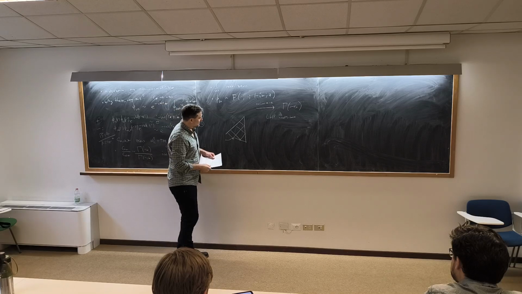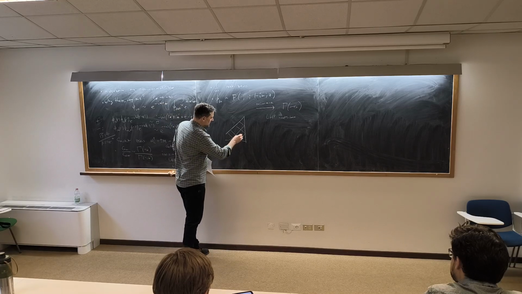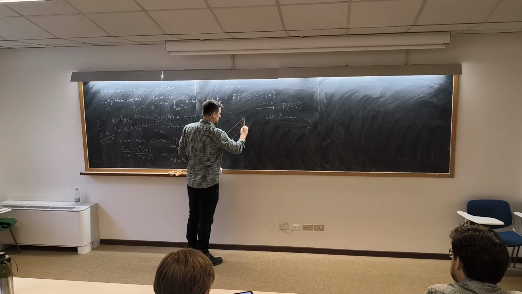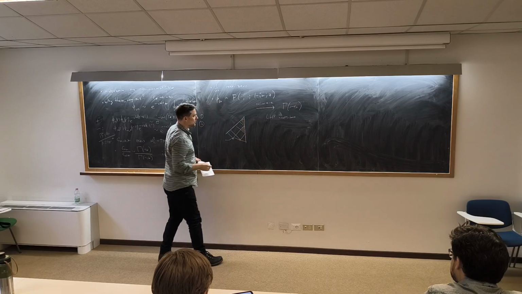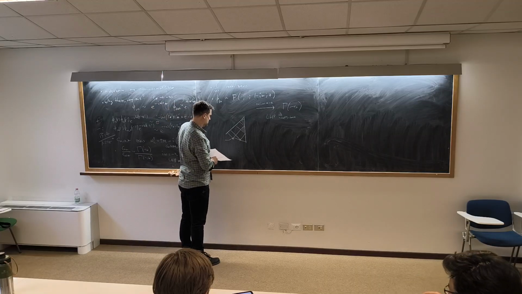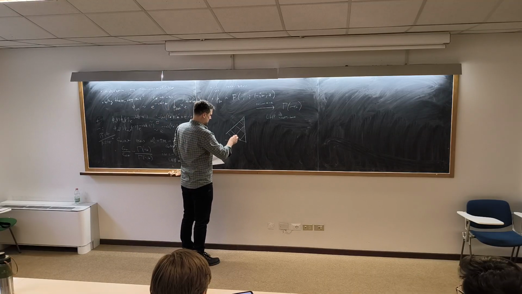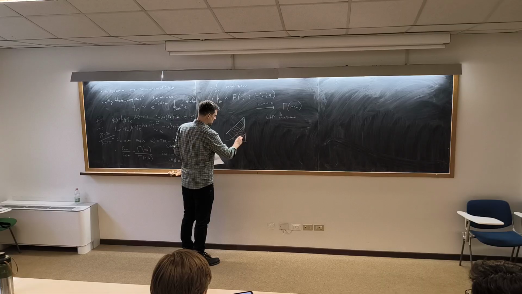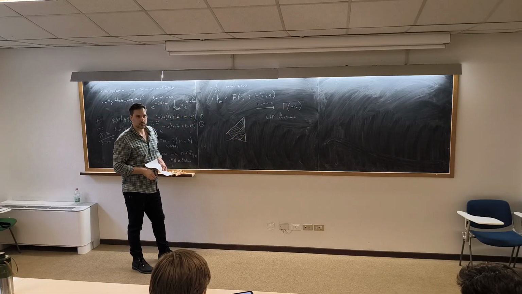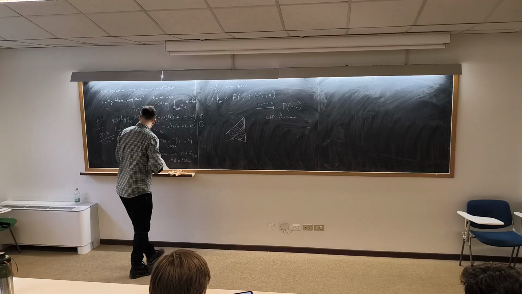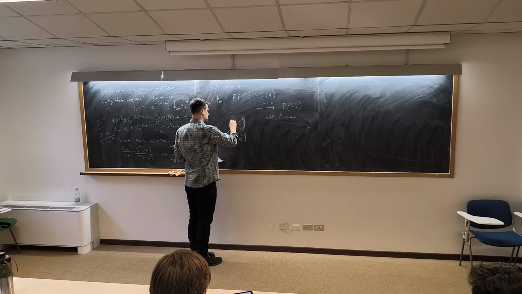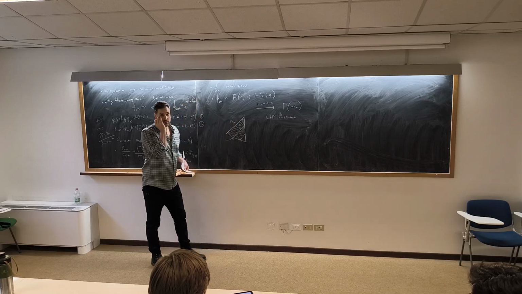So now you see that in this region and union this one, I have only QNMs. In these regions, I have only Matsubara frequencies. And in this third region, you have a mixture of both QNMs and Matsubaras.